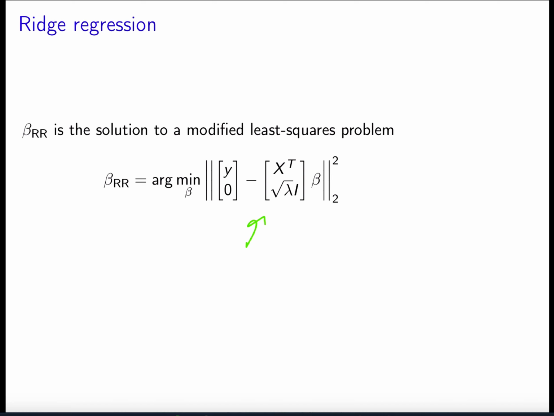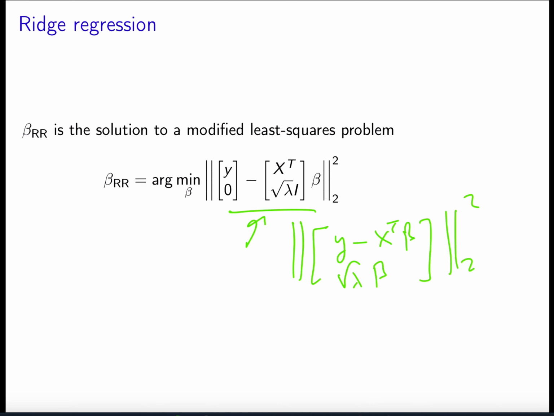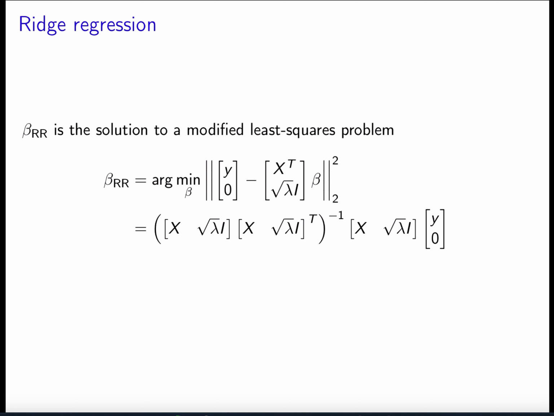When you put all of this together, you're going to have y minus x transpose beta in the first entry, and lambda beta in the second entry. If you take the squared L2 norm of this, it is just the sum of the squared L2 norm of the first entry, which is the least squares part of the cost function, and the squared L2 norm of the second, which is just lambda times the squared L2 norm of beta, which is exactly the ridge regression component.